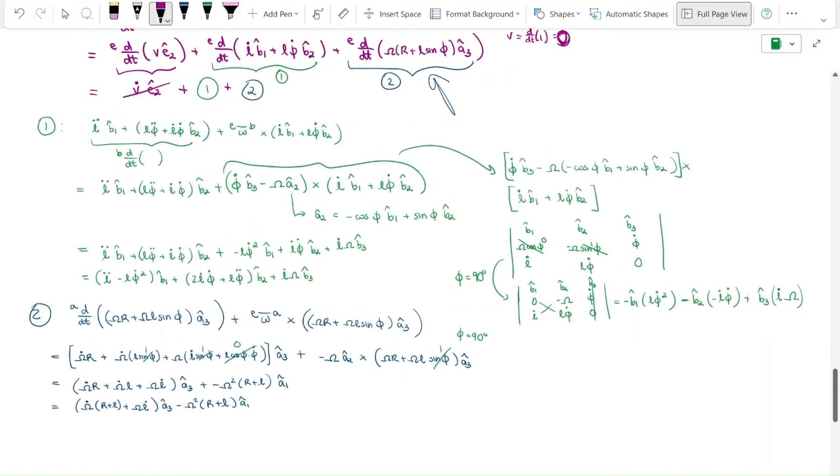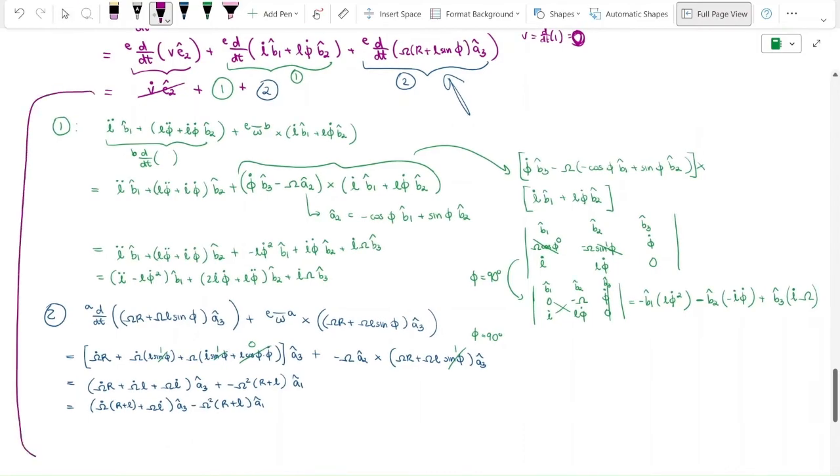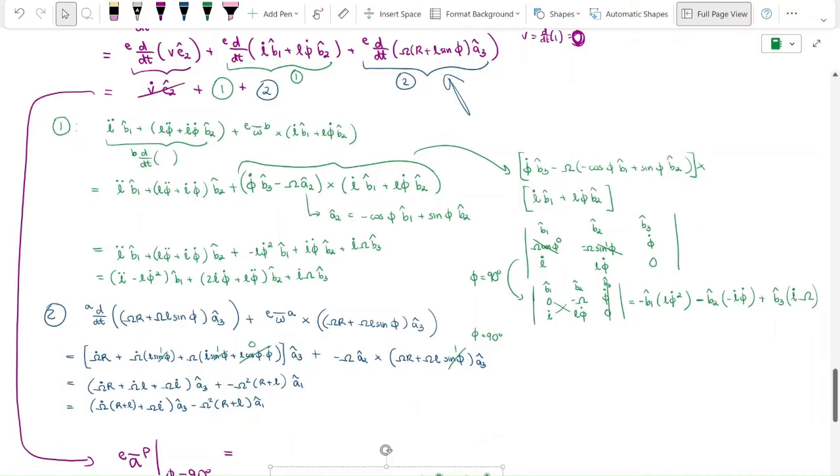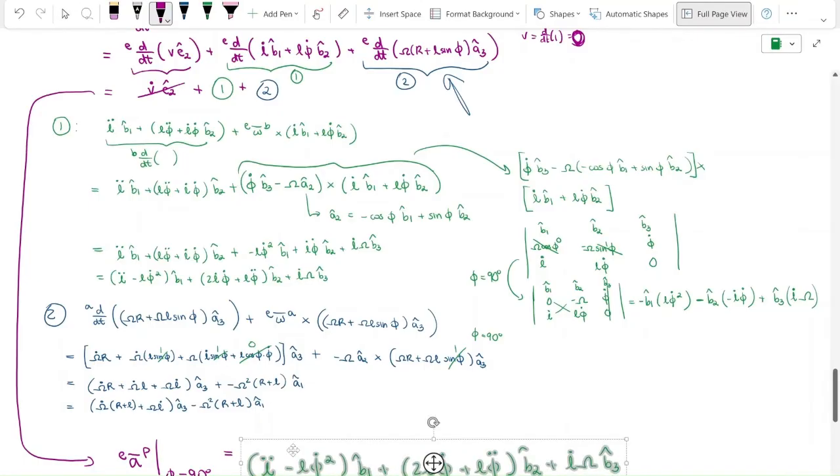I don't know what changed, but our expression for the acceleration of P in E at phi equals 90 degrees is now just equal to, so can I just copy this? Oh, it's too much. Okay, actually, it's fine.